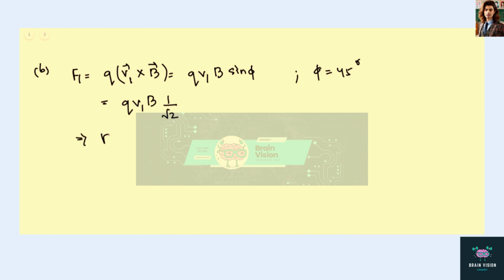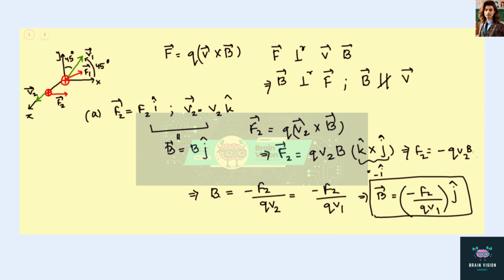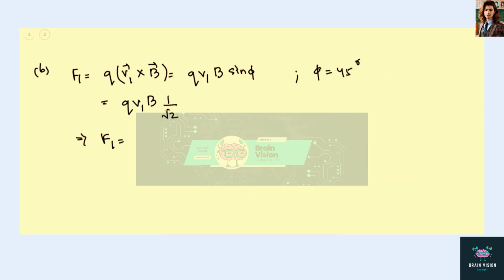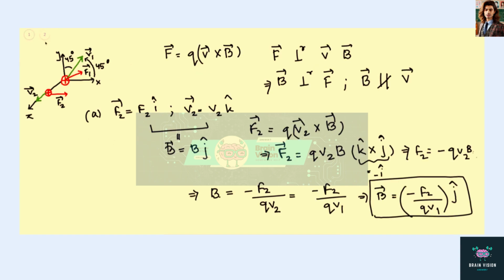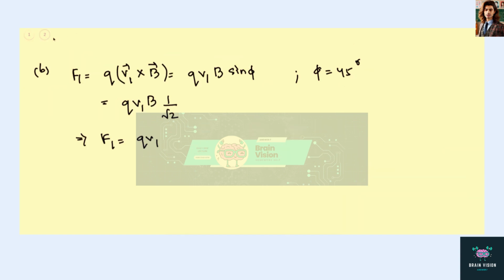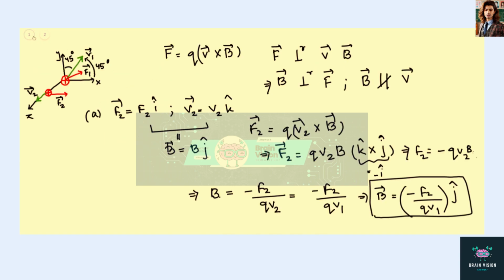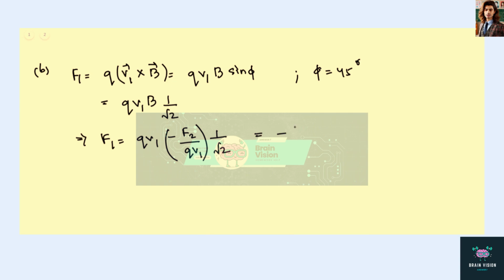We use the value of B that we found here and substitute over here. So this is negative F2 over q times v1, times q v1, times 1 over root 2. This gives the value F2 over root 2.